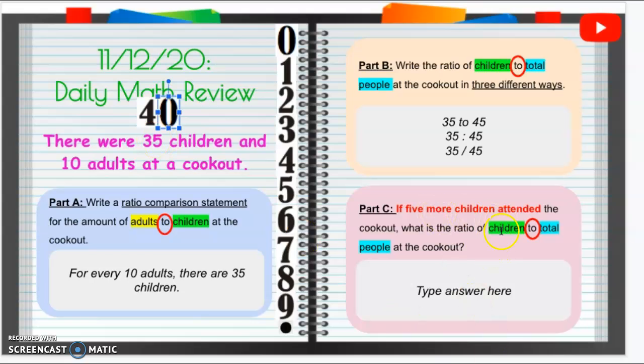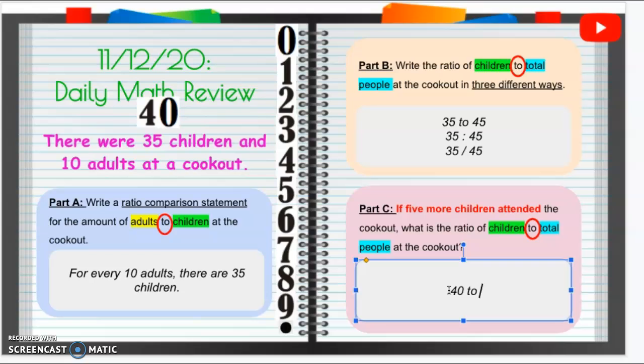So if 5 more children attend, the ratio would be 40 to, well, how many total people would there be if there were 5 more children? So we're going to have to add 10, or 5, oh, I'm sorry. We're going to have to add 10 to that 40. So 40 plus 10 is going to be 50.